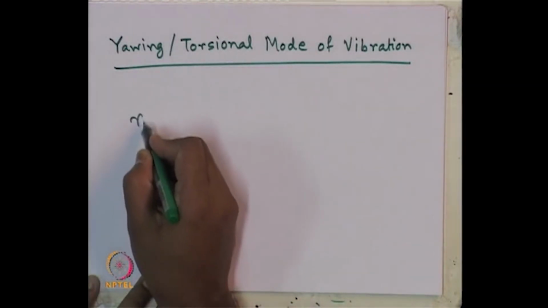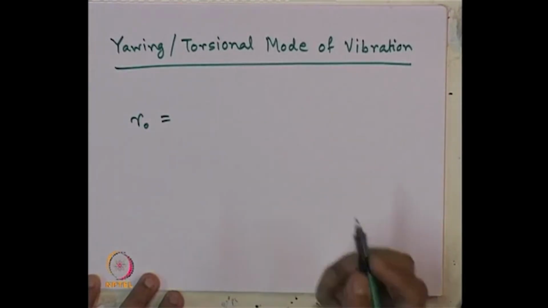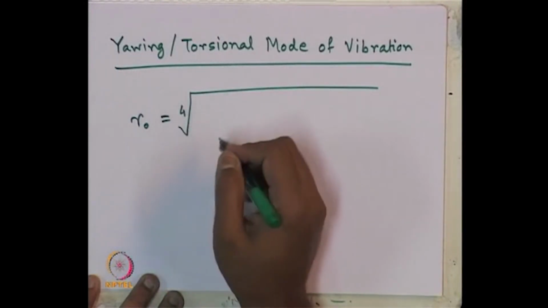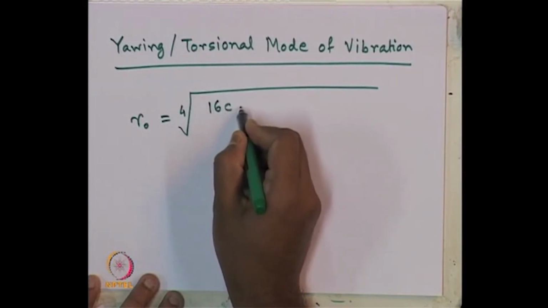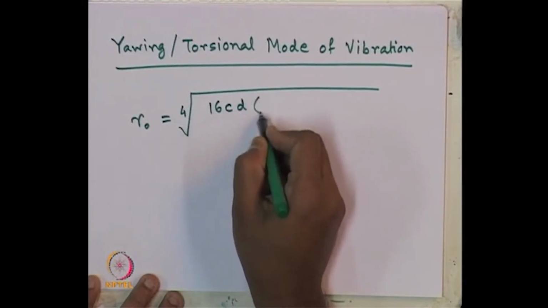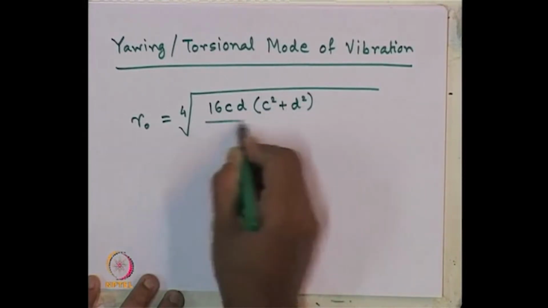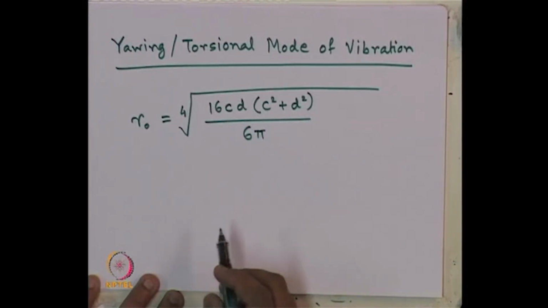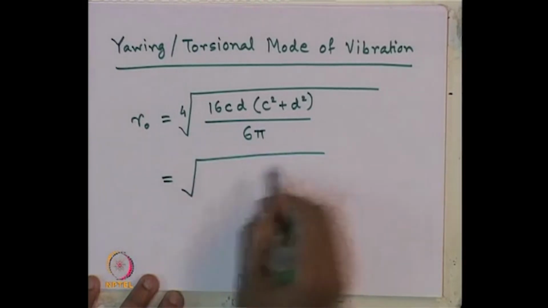So, R naught. What is the expression for R naught for torsional mode? 4th root of 16 C D C square plus D square by 6 pi. Am I right? That was the expression given earlier also to you.